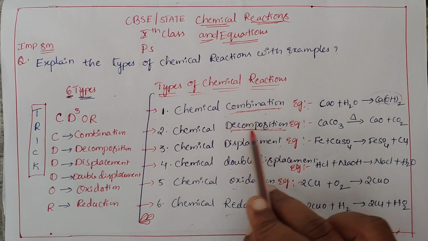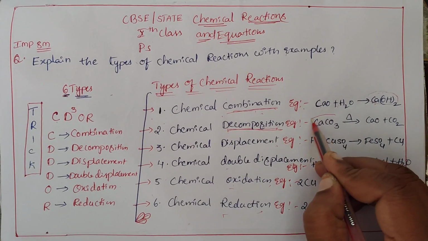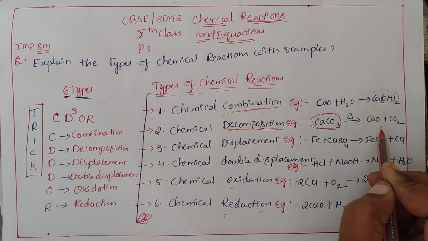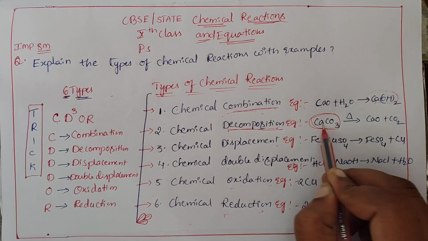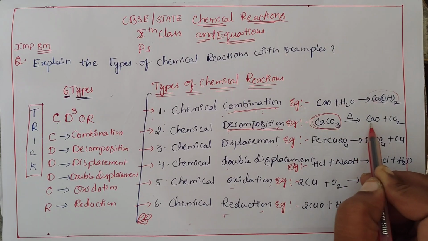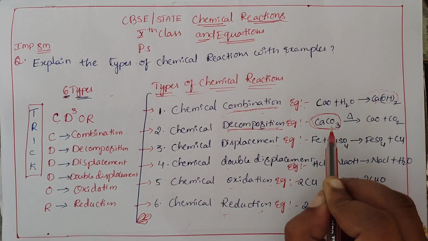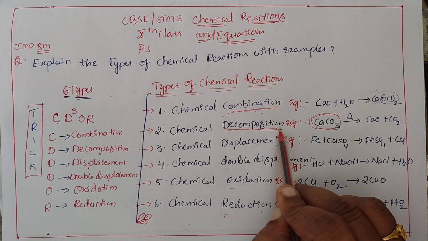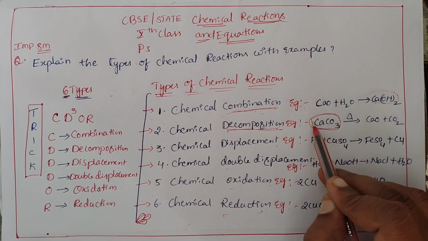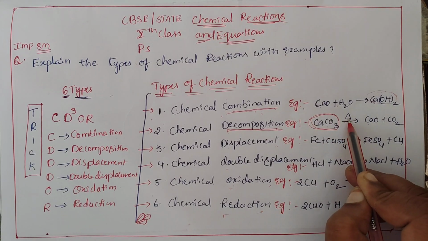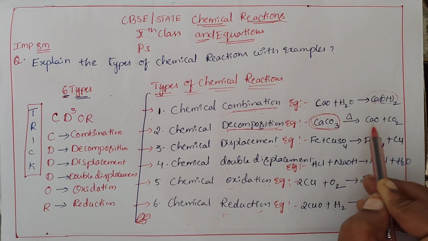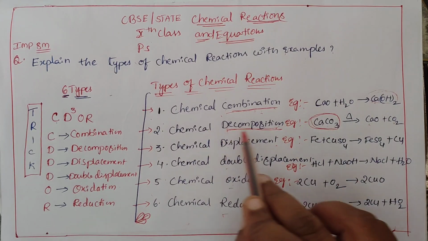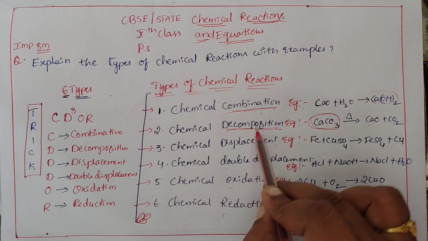But in chemical decomposition, a single reactant splits into two or more products, or a single substance breaks down into two or more substances. Such a reaction is called a chemical decomposition reaction. Here, calcium carbonate in the presence of heat decomposes into calcium oxide and carbon dioxide. So, this comes under chemical decomposition reaction.